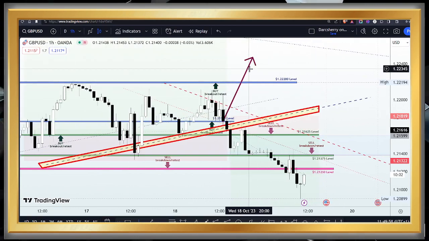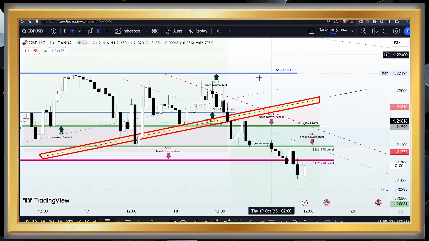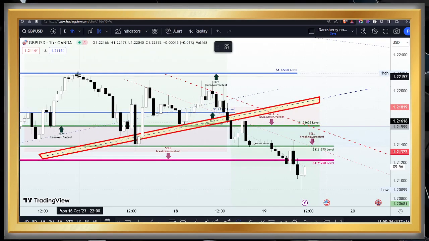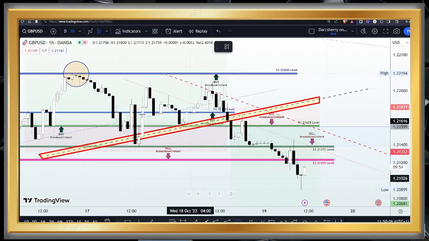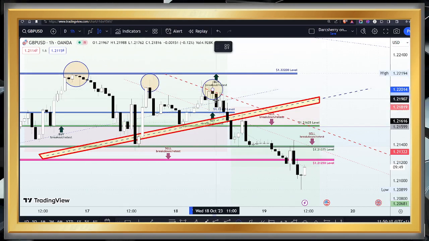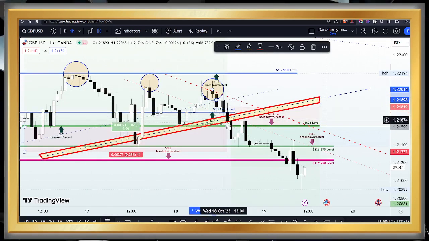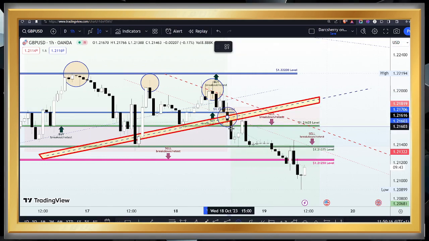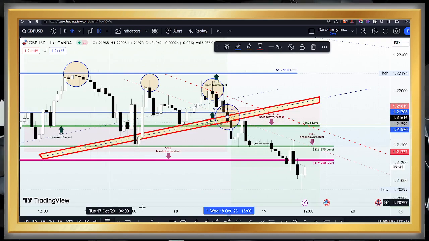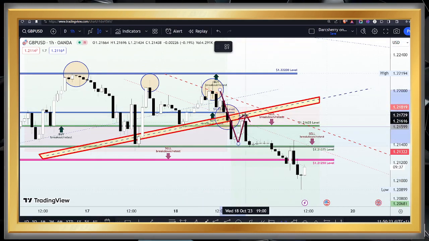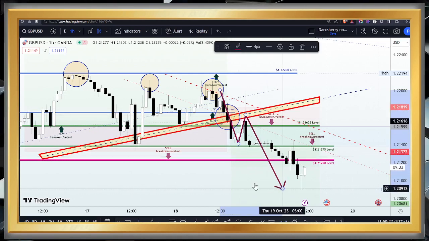Now, when we saw the situation here, we also emphasized that because of the lower highs we're noticing in the last 2 to 3 days, we might likely be seeing a breakdown of that ascending trend line. And this was exactly what happened a couple of hours into the New York session. We saw price break down the ascending trend line for the first time, and in fact it came back to retest the structure, giving us a beautiful opportunity to join the downtrend move.